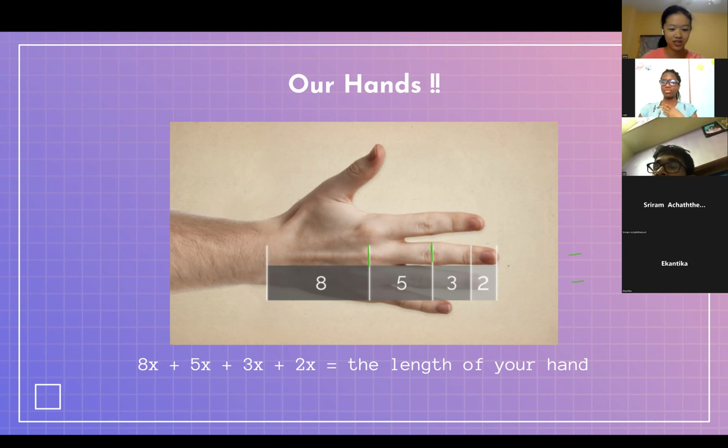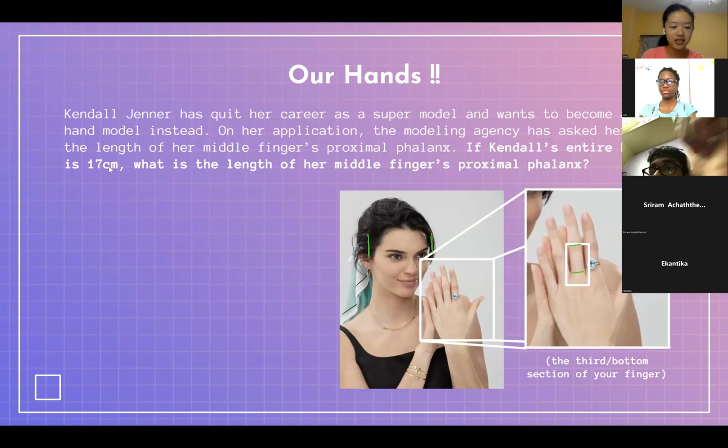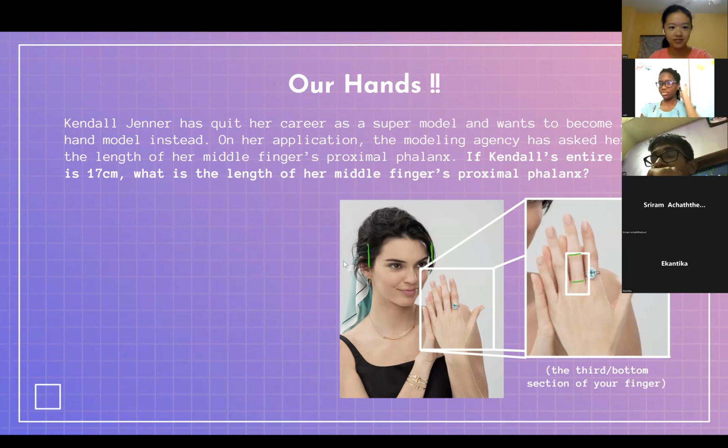And her whole hand is 17 centimeters. Yeah, so we got one answer.